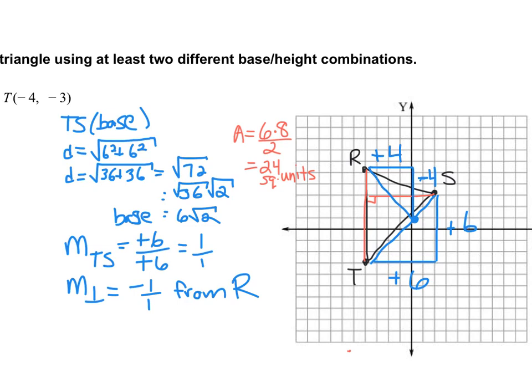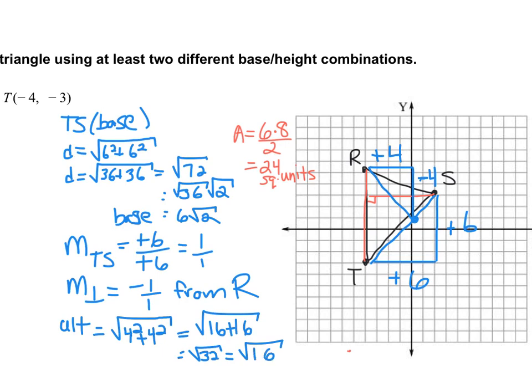But again, as far as the distance goes, to figure out the altitude, that is going to be equal to the square root of 4 squared and another 4 squared, or 16 and 16, which is 32, which has that perfect square factor of 16 inside.